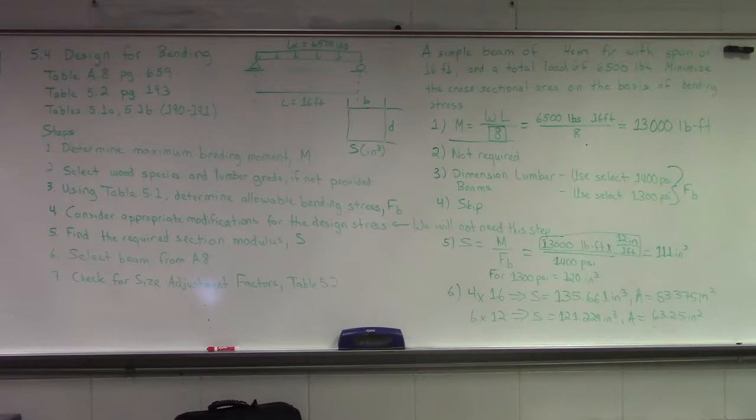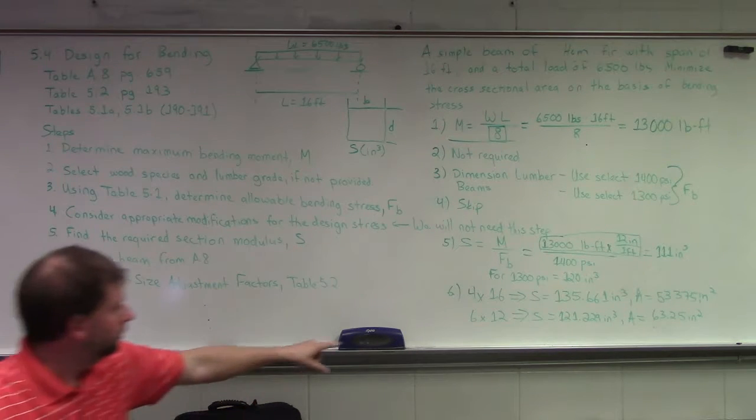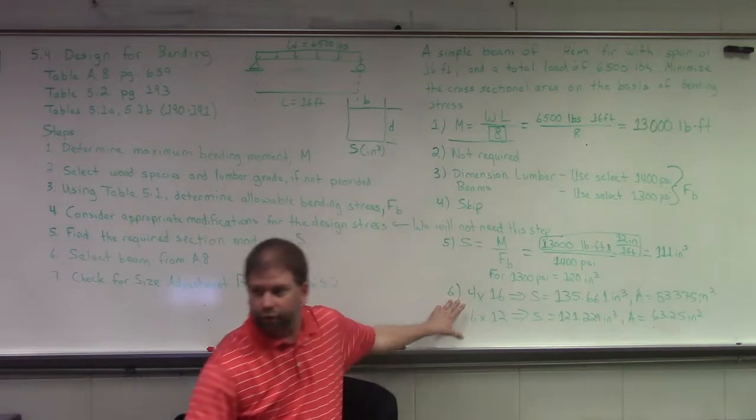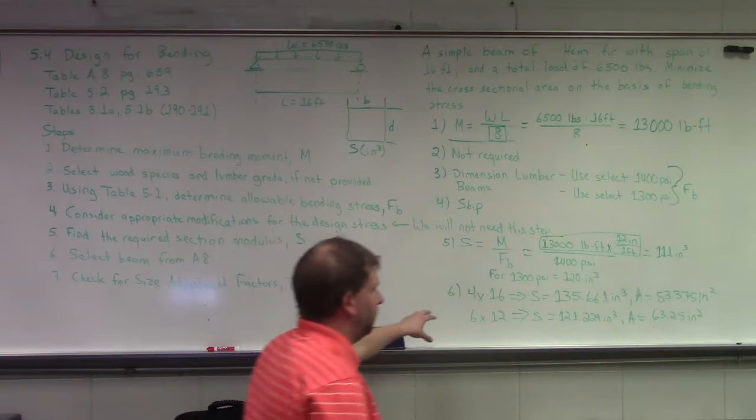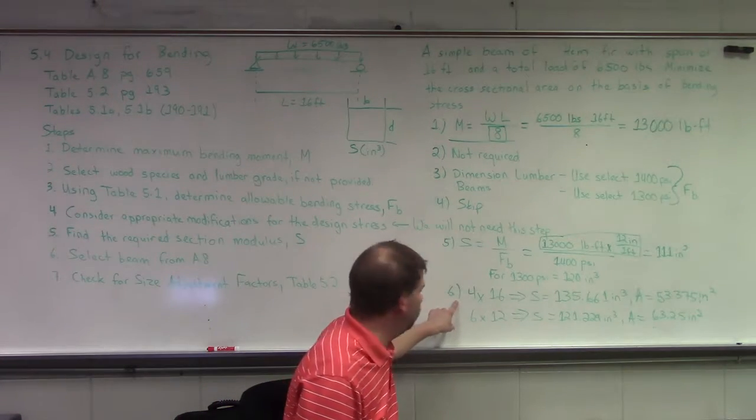What did we pick? Look at your 4 by 16. So you have a width of 16 inches and a thickness of 4 inches, 1.0 for your 4 by 16. So that has a correction factor of 1.0.